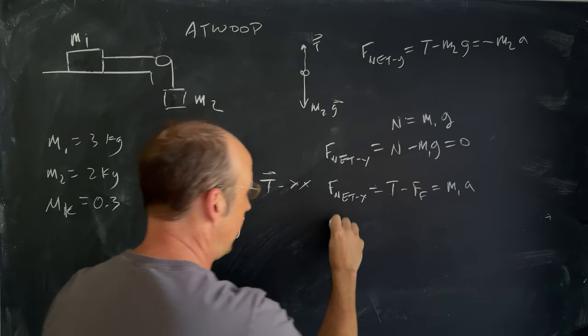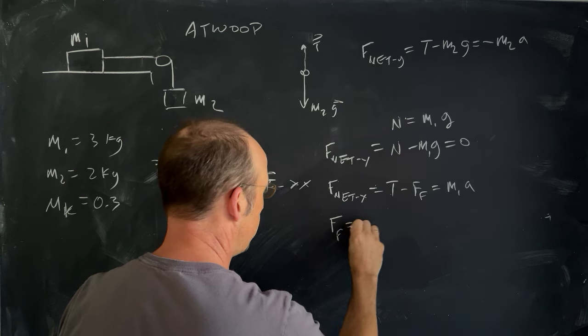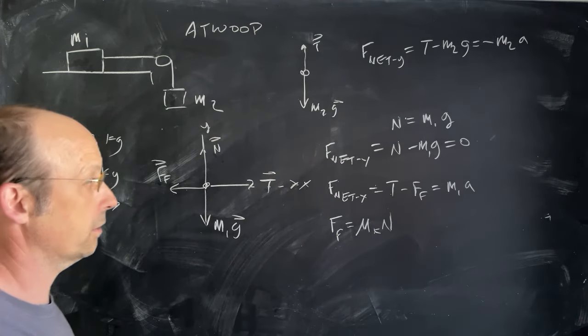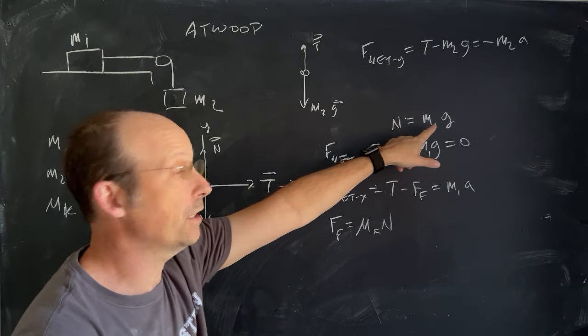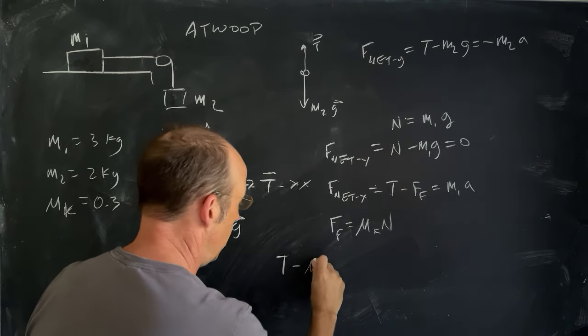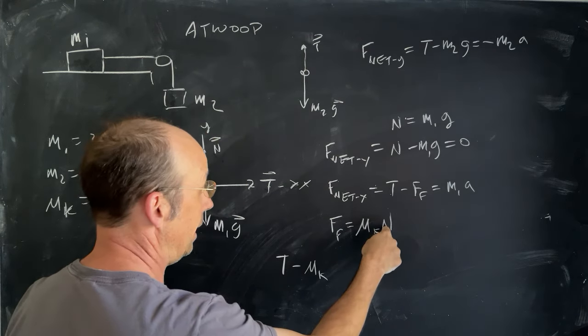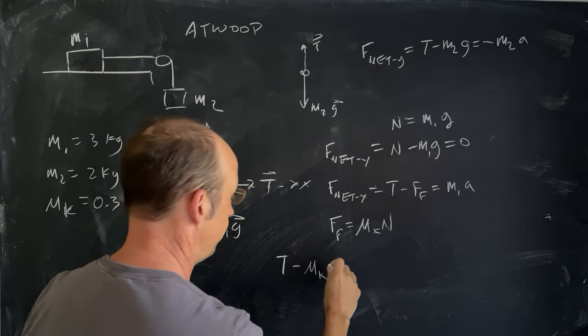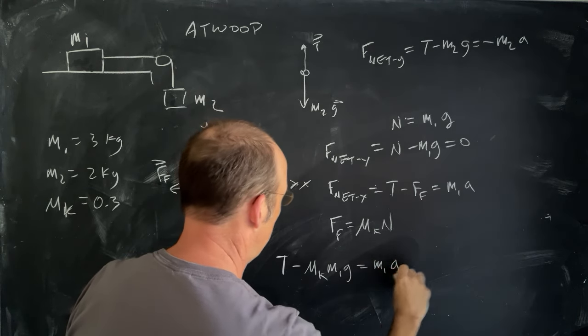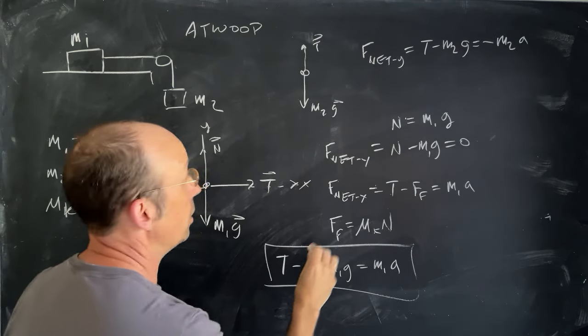For the friction, I can say the friction force is equal to the coefficient times the normal force, but the normal force is m1g. So if I put that in down here, I get T minus mu k times N, which is m1g, and that's equal to m1a. Okay, so there's an equation.